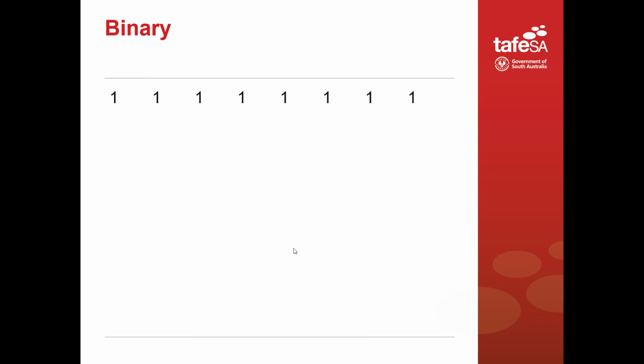Now this is another way of representing it. If we consider our IP address, we've got 8 bits here, which represents one of our octets in our IP address. So we're looking at the values here as they go from right to left.